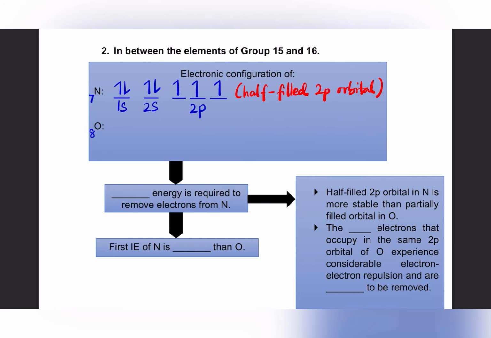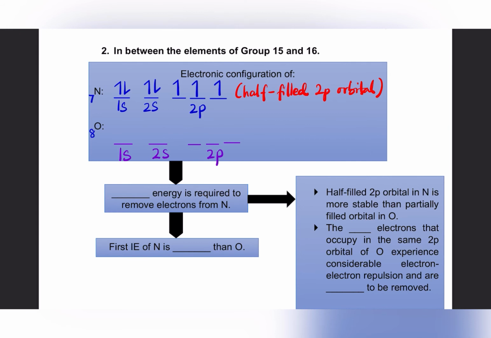Okay, and the next one I got 8 proton number for oxygen. I'm going to draw the electronic configuration for oxygen. So I got 1s, and then I got 2s, and then I got 2p. And after that, I'm going to fill the electrons.